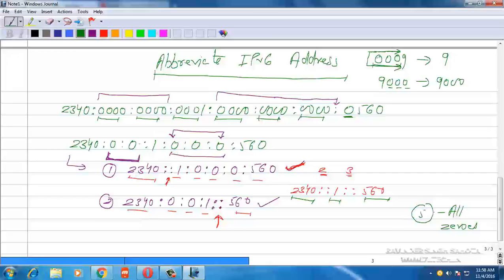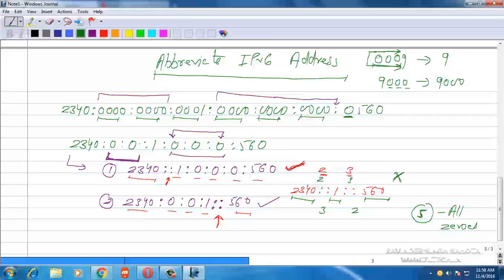But it will be impossible to tell whether these five quartets of all zeros are divided like two quartets here and three quartets here, or three here and two here, right? Because both are possible. So this is a wrong abbreviation.